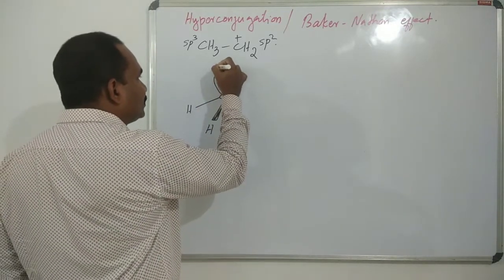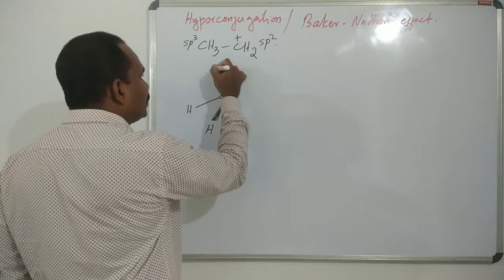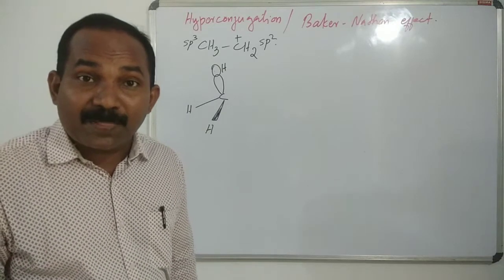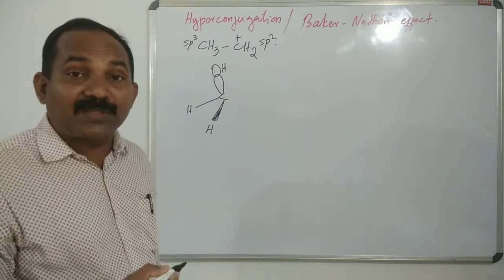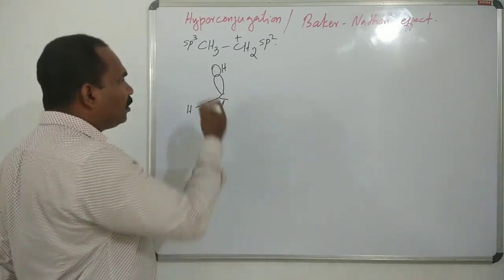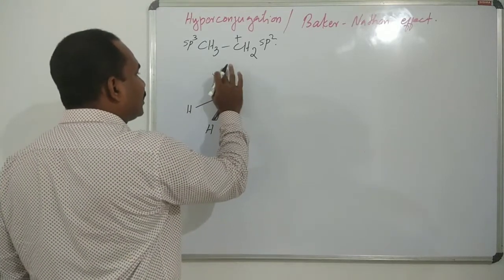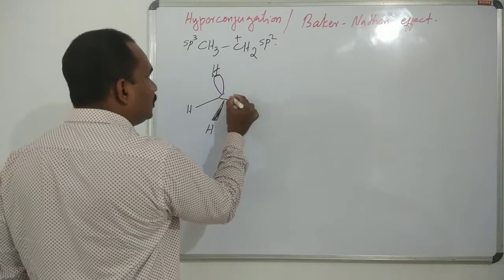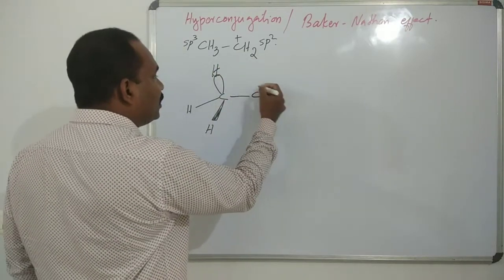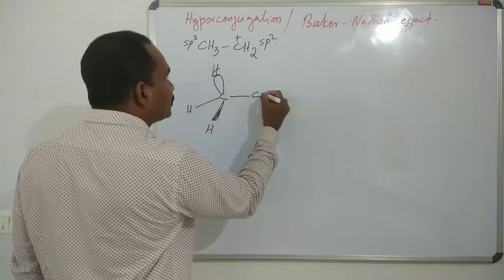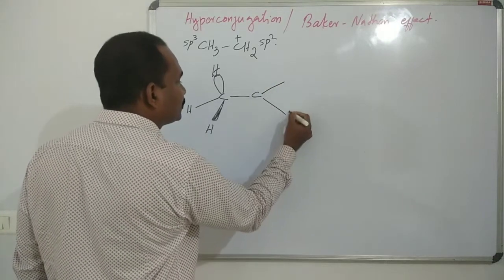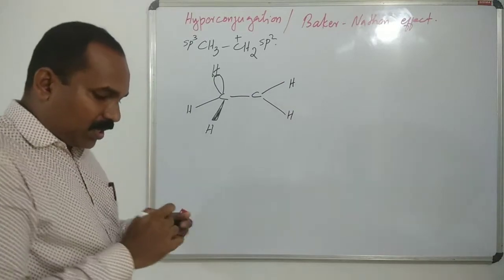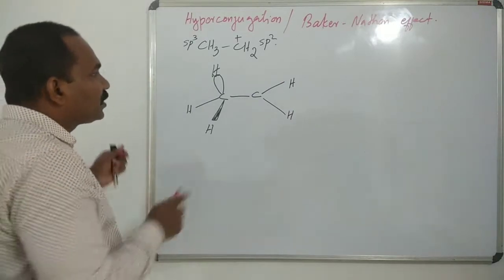And in this case, the hydrogen is attached to the sp3 hybridized orbital. Or you can draw only one sp3 hybridized orbital. We just draw the hydrogen atom, single bond C. It contains two hydrogen atoms.